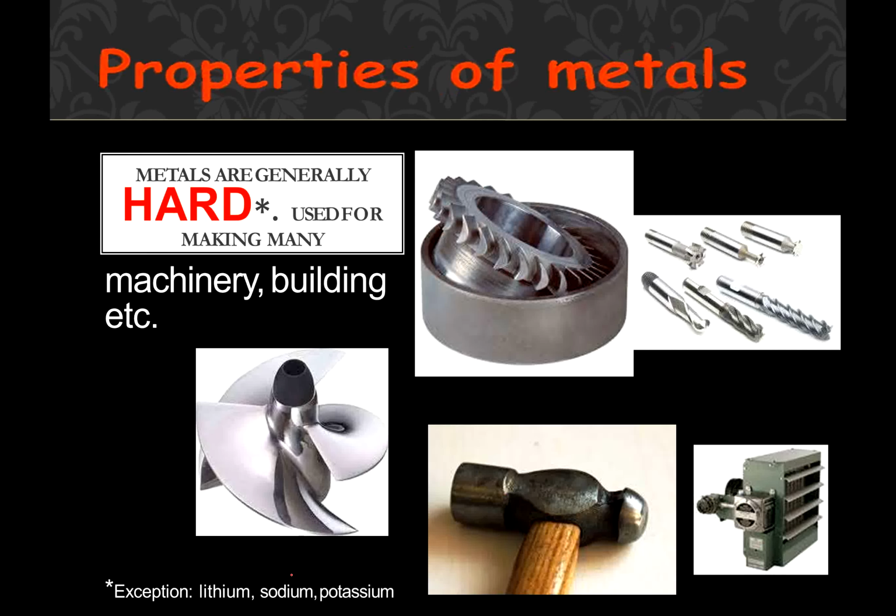Now in terms of hardness, metals, as they are in solid state, are usually hard or very hard. That's why they are used in construction, machinery, building, electronics or utensils. So all these metals are used in this form in our daily life. Except there are three metals which are very soft: lithium, sodium and potassium.